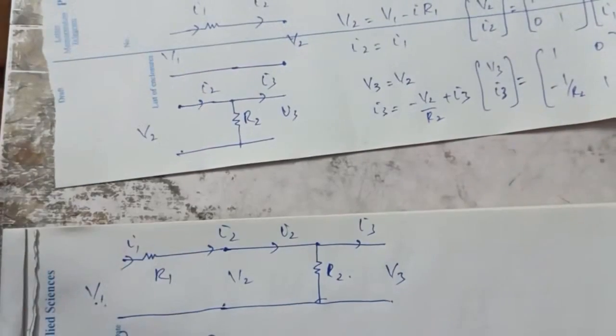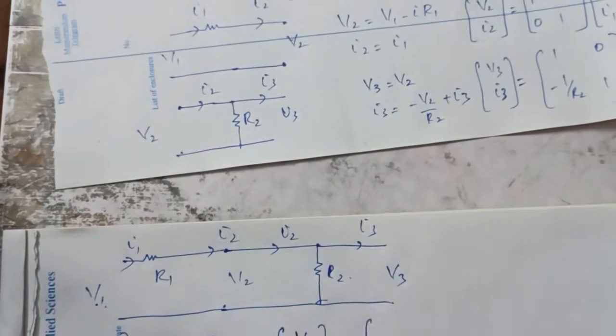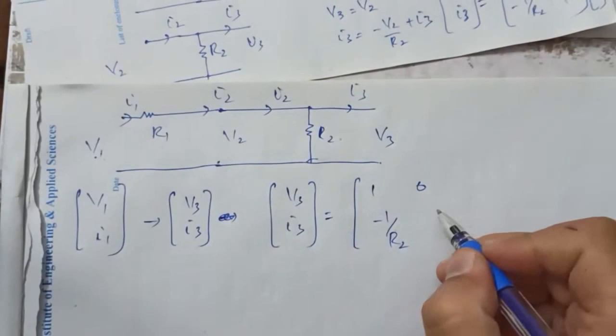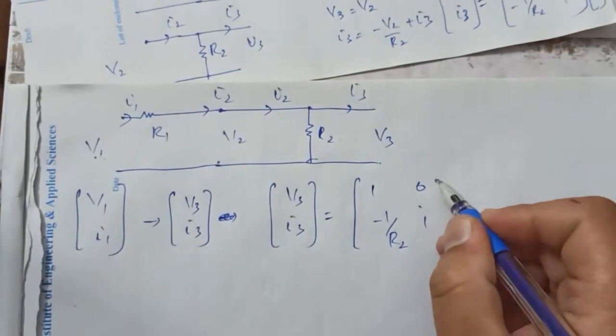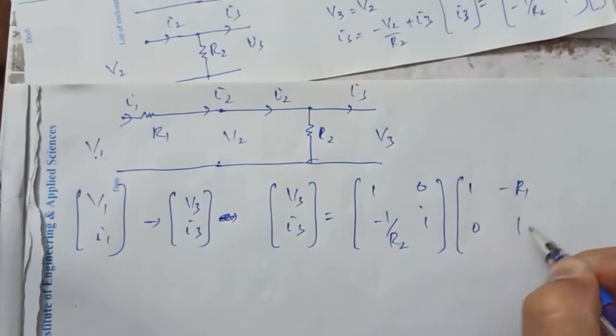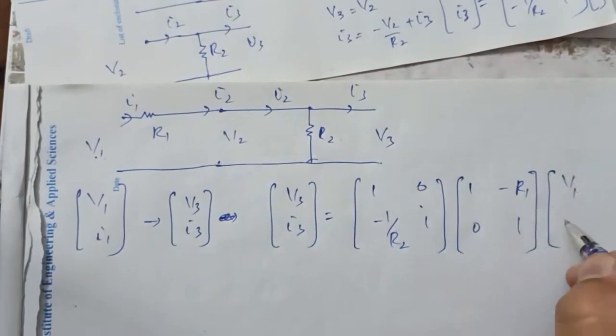So the result can be written as V3, I3 as the product of these two, which is equal to 1, 0, minus 1 over R2, 1, times 1, minus R1, 0, 1, times V1, I1.